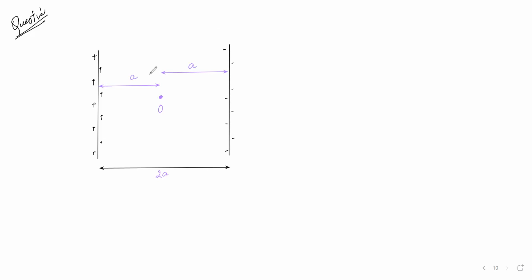In the question, it is saying: calculate the electric field at O. This is our main question. Note it down, please. And now we are going to solve it.